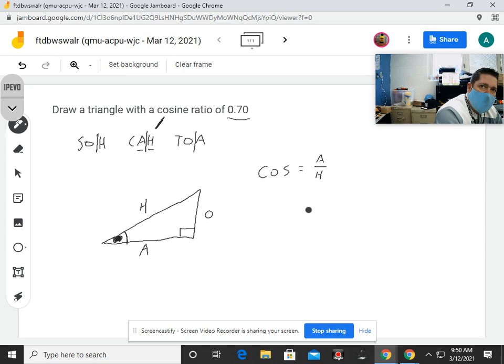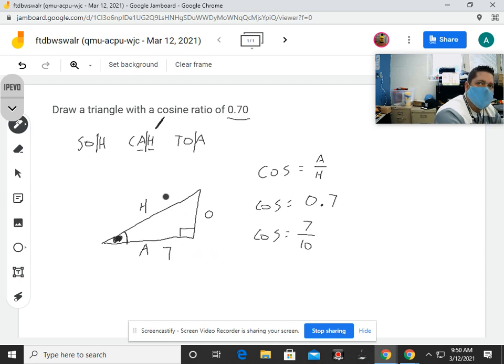Cosine is adjacent over hypotenuse. In this case, it's going to give us a decimal of 0.7. So what is my fraction for that? 7/10. So the adjacent side needs to be how long? 7.